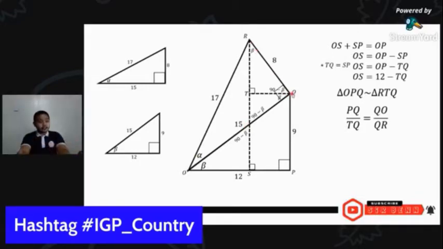Now, let us substitute the values of each segment. PQ is equivalent to 9. TQ will remain. The measurement of QO is 15, and the measurement of QR is 8.